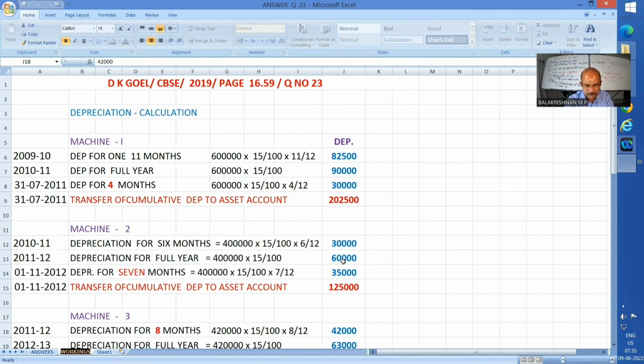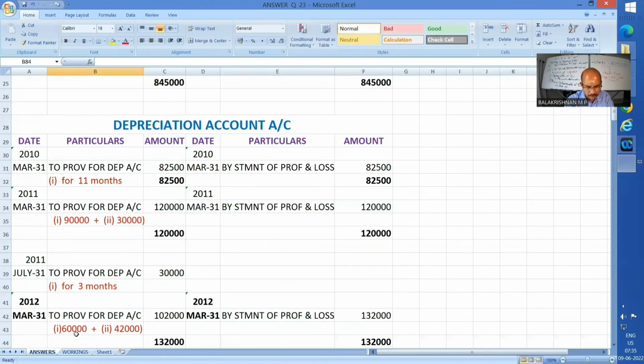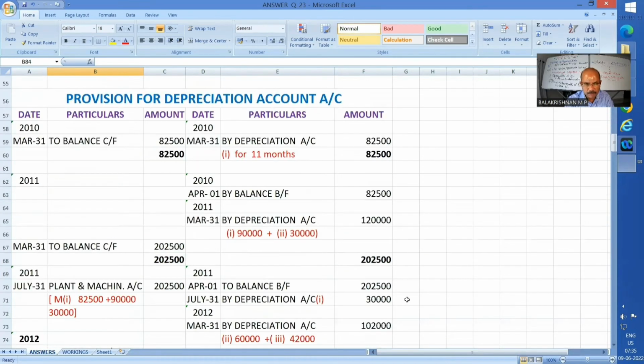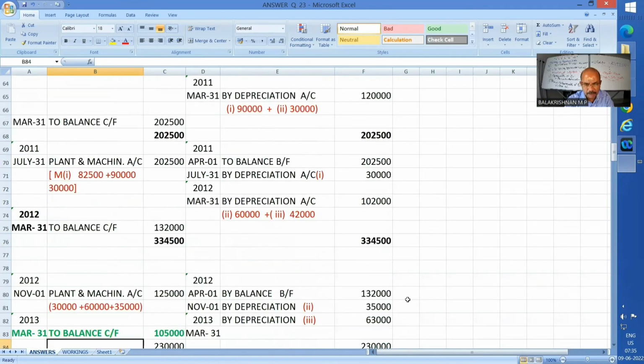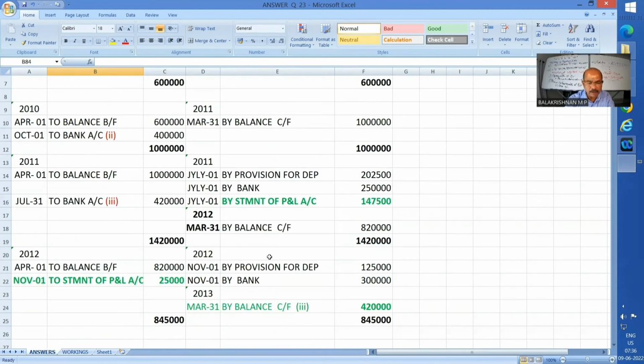Second machine for the current financial year 60,000 and third machine for the current financial year 42,000. Therefore, this amount of 60 plus 42, 1,02,000. Depreciation to provision for depreciation 1,02,000. That is nothing but provision by depreciation 1,02,000. Now let us close the accounts one by one. First is asset account.